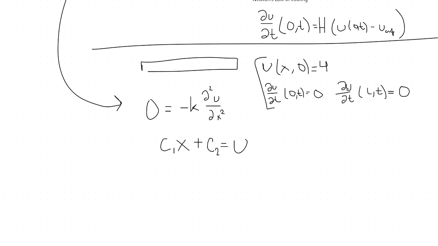So if we take the derivative first, we'll get c sub 1 is equal to partial u over partial t.